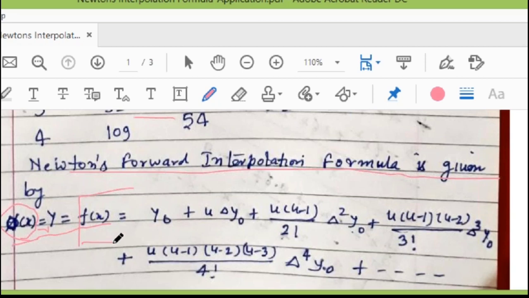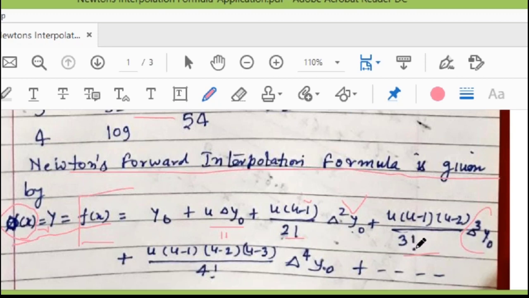So what is the formula? You must remember: y0 plus u times the first difference over factorial 1, plus u(u minus 1) over factorial 2 times the second difference of y0, plus u(u minus 1)(u minus 2) over factorial 3 times the third difference, and next u(u minus 1)(u minus 2)(u minus 3) over factorial 4 multiplied by the fourth difference of y0.